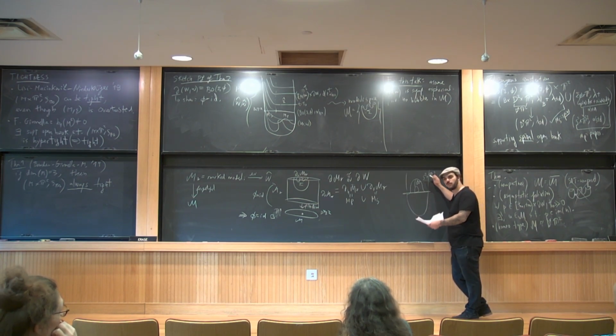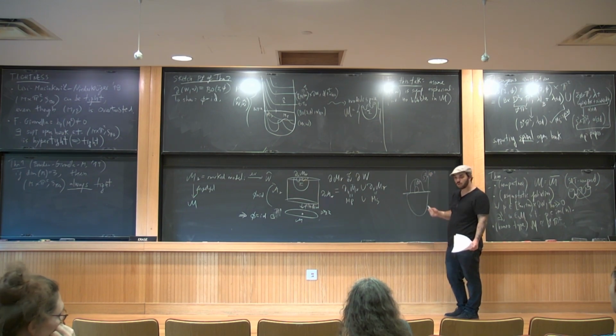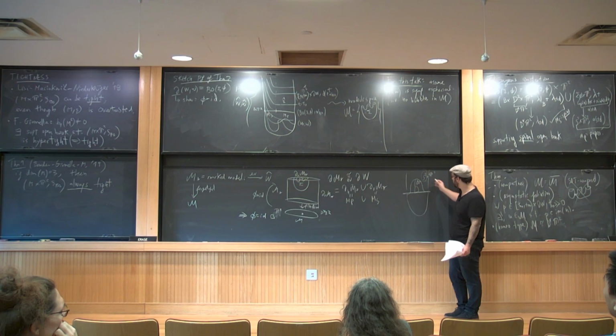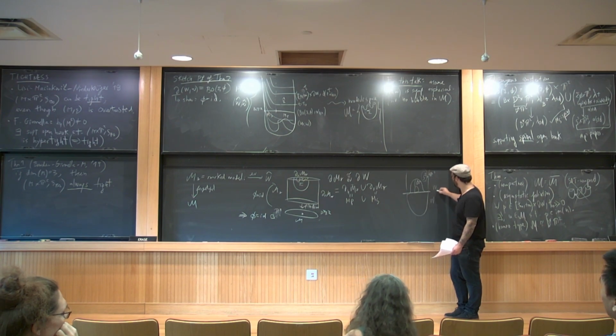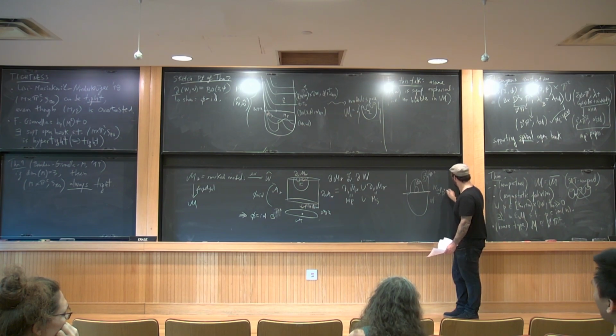And you can use those together with the moduli space of S2s to conclude that after capping, you've got W cap, and this has to be homotopy equivalent to D star T2 times S2.